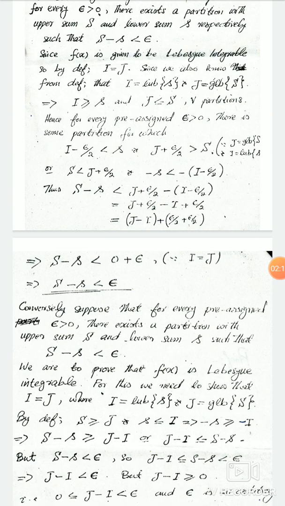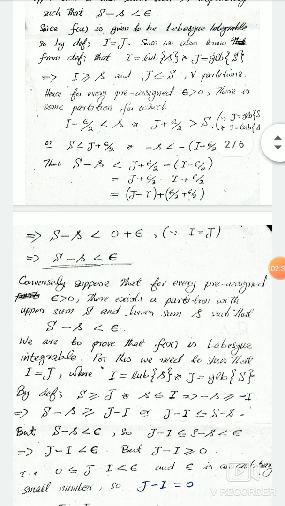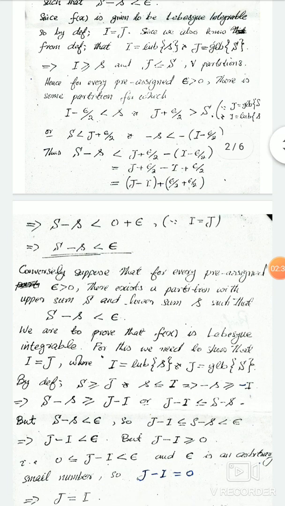Now capital S minus small s is less than, the value of capital S is J plus epsilon by 2 and the value of minus s is minus bracket I minus epsilon by 2. Multiplying the minus into the bracket, it will become minus I plus epsilon by 2, that is (J minus I) plus (epsilon by 2 plus epsilon by 2).